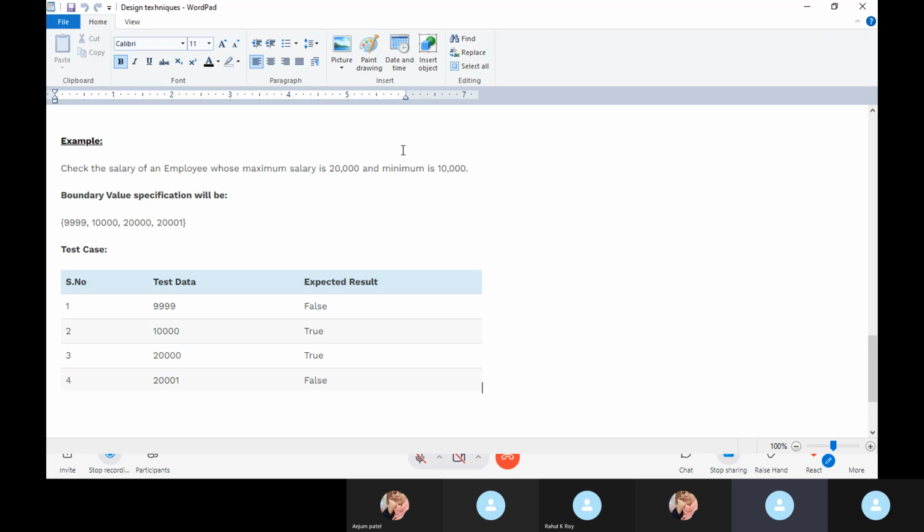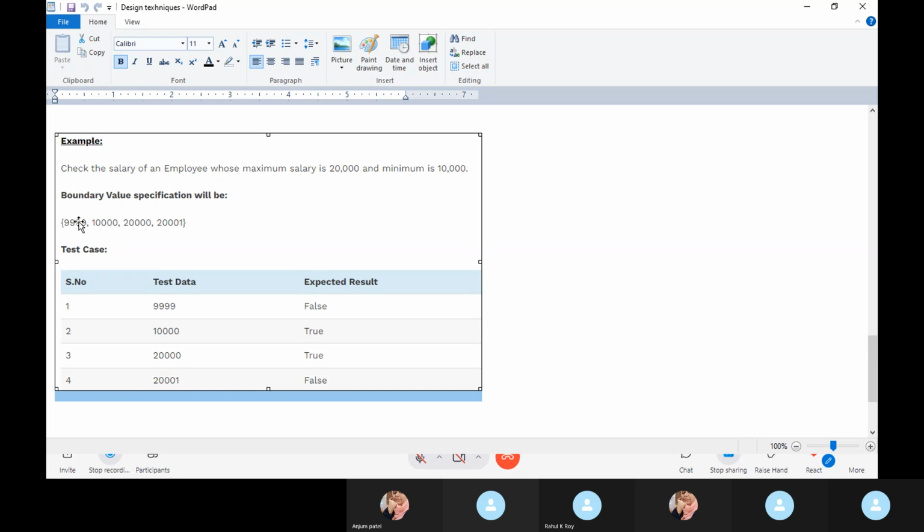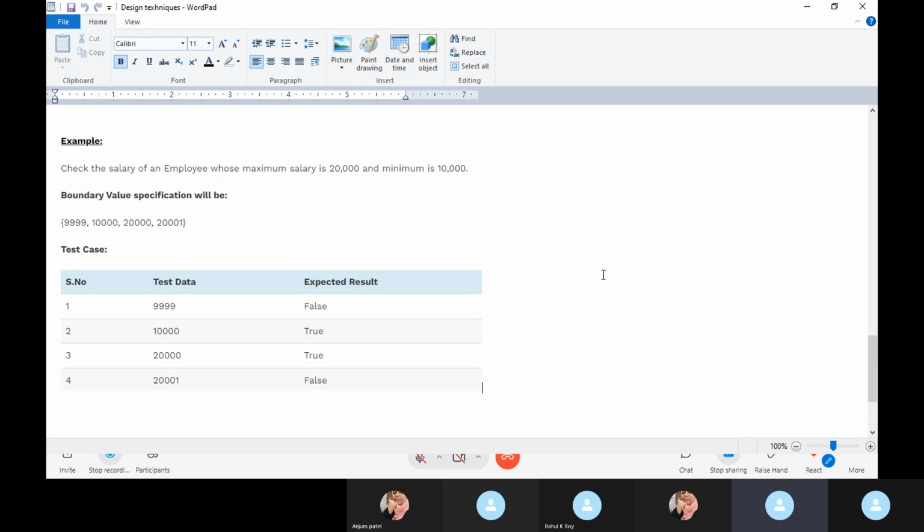What is the positive range? 10,000 to 20,000. If I enter a salary in this range, then I can see the employee salary details. But what if the value is 9,999, that is less than 10,000?